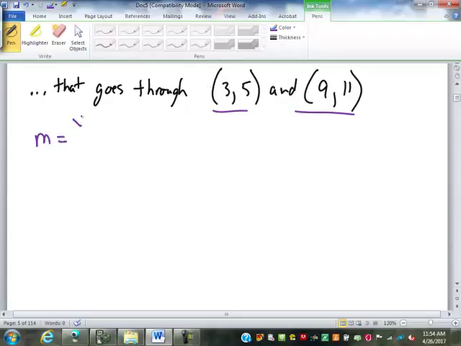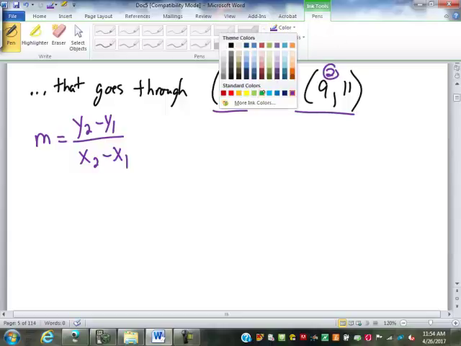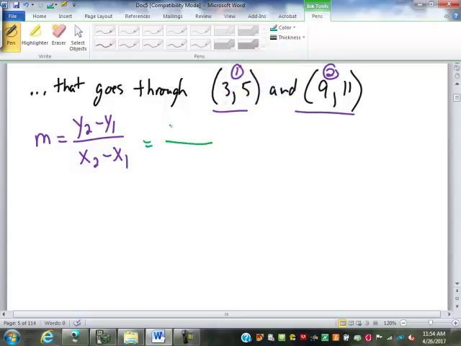Because remember, the slope is y2 minus y1 over x2 minus x1. So I make these points point 1 and point 2. What goes first up on top here? 11. Good. It's y2, so point 2, the y-coordinate is 11.